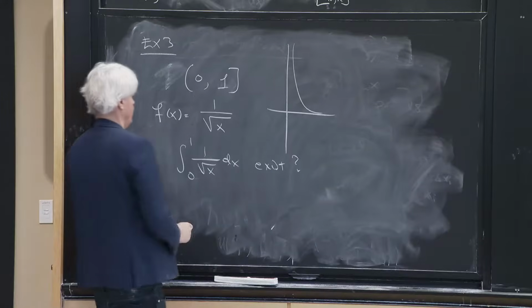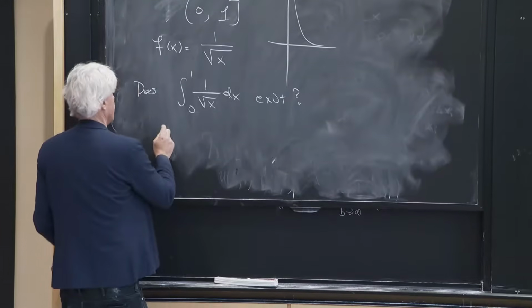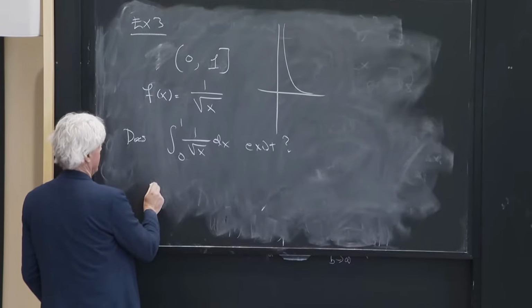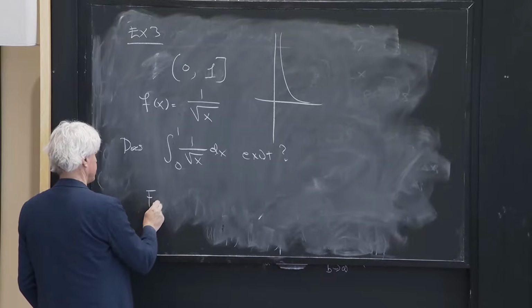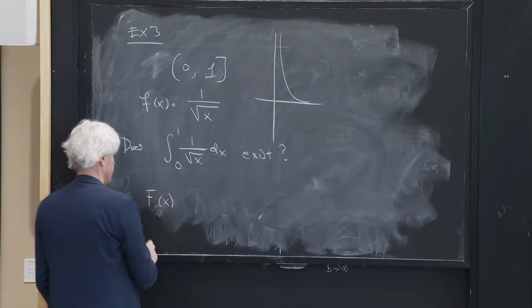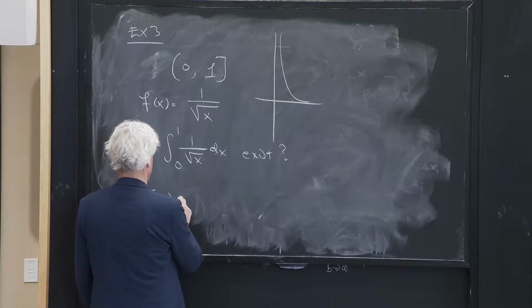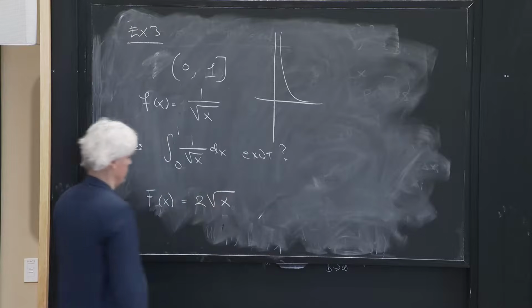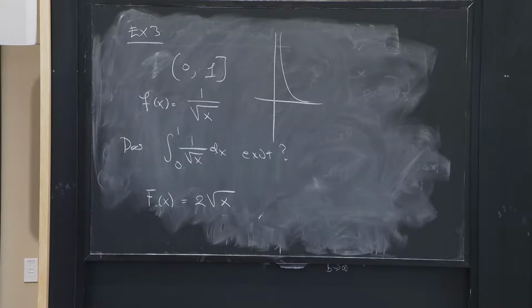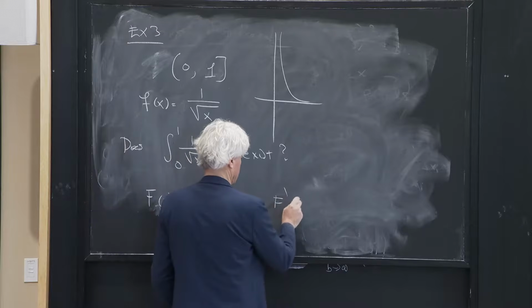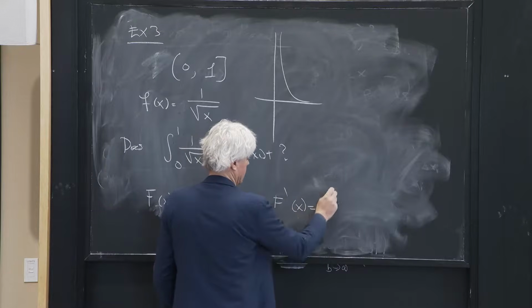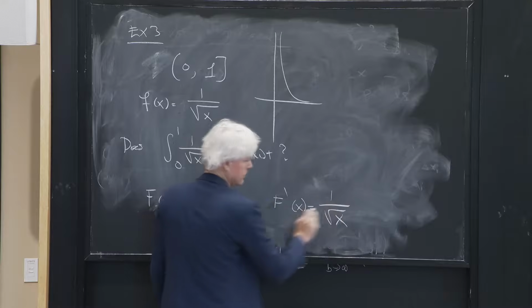In order to figure that out, I use the fundamental theorem of calculus again. If I take the function F of x equal to 2 times square root of x, and take the derivative of this, then I get 1 over square root of x.